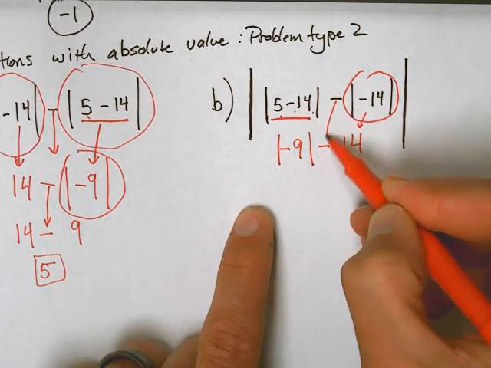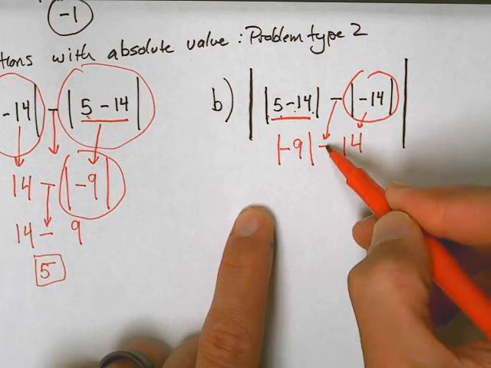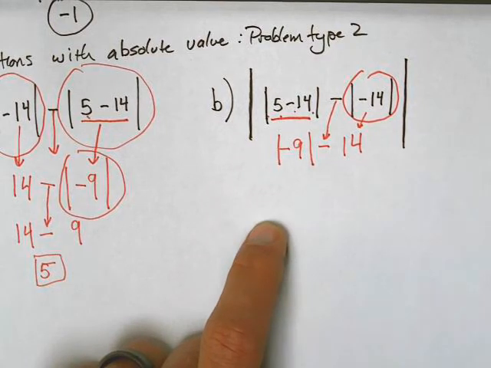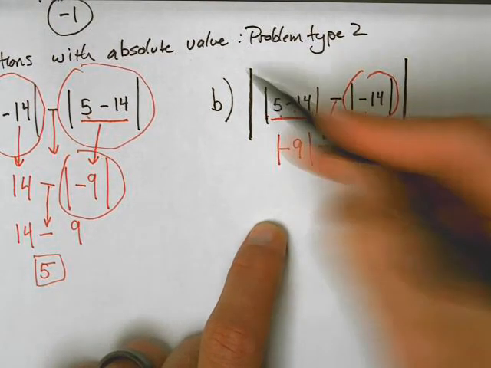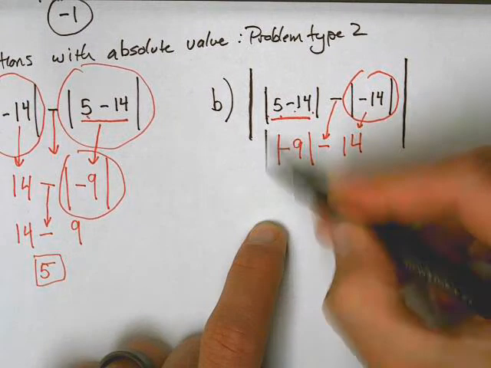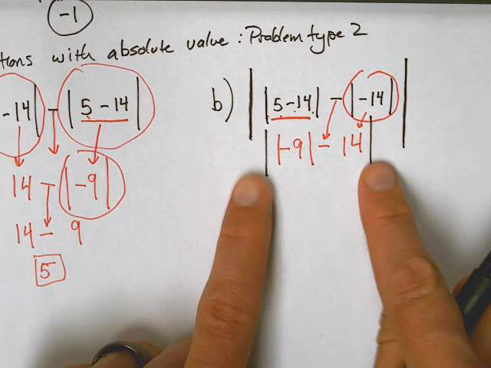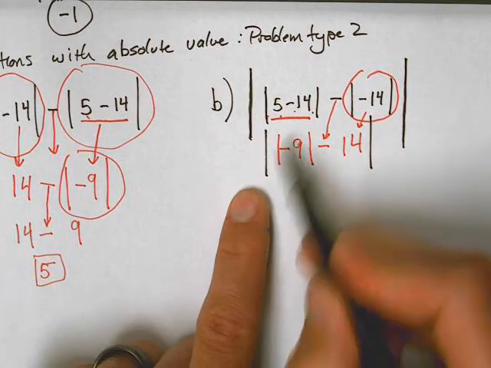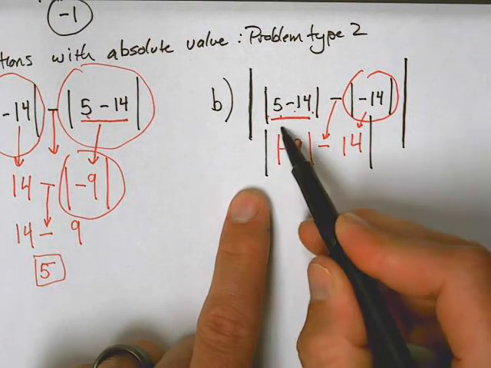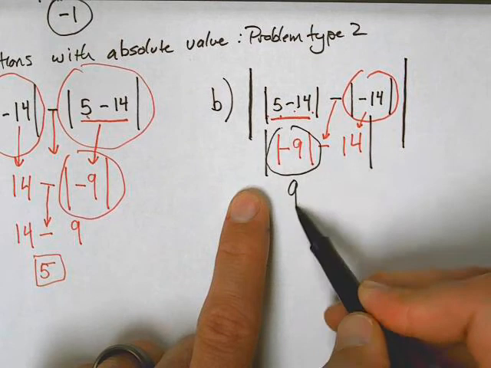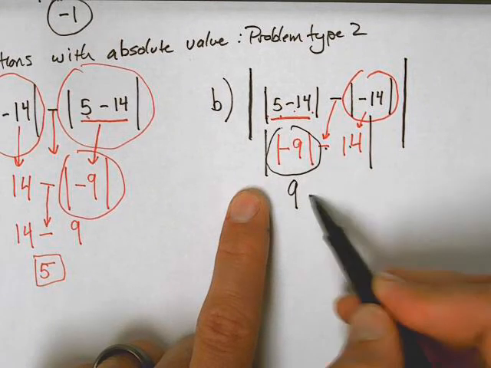Now again, I dropped down that negative from the subtraction sign there. Keep in mind, these original big absolute values are still surrounding this whole mess. Before I worry about those, I'm going to do one more step on the red inside here. The absolute value of negative 9 is positive 9 minus 14.